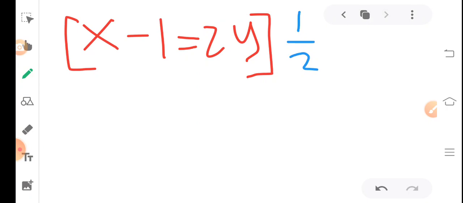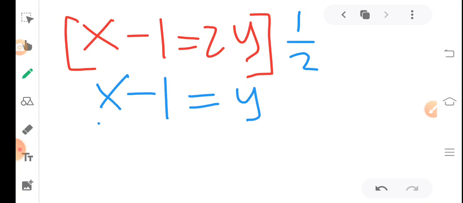Then we will get x minus 1 over 2 is equal to y.